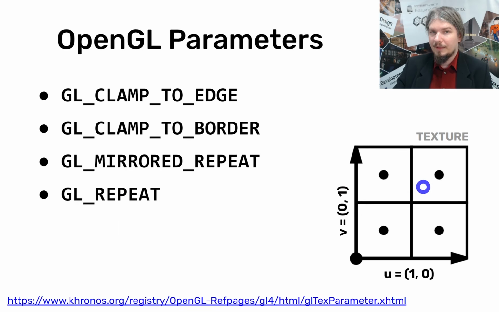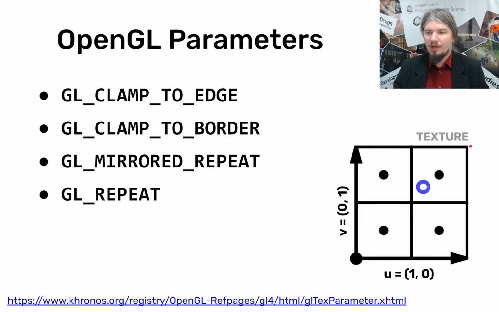Now there are other parameters in OpenGL as well, like GL clamp to edge, GL clamp to border, GL mirrored repeat, GL repeat. Those relate to when we want to sample from a coordinate that is outside of the texture range. Those textures are usually in this UV space, where the U-axis is the horizontal axis and goes from 0 to 1, and the V-axis is the vertical axis that goes also from 0 to 1.